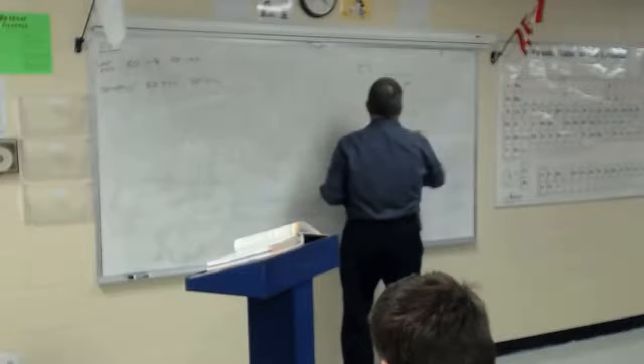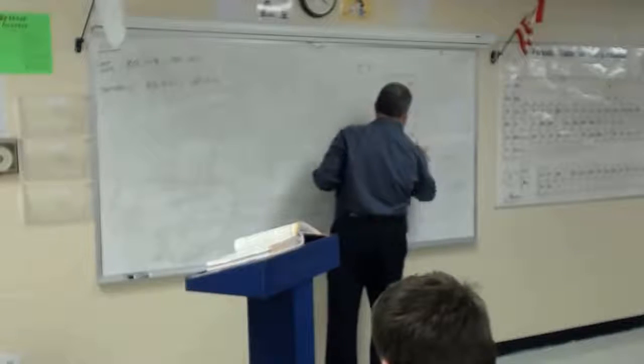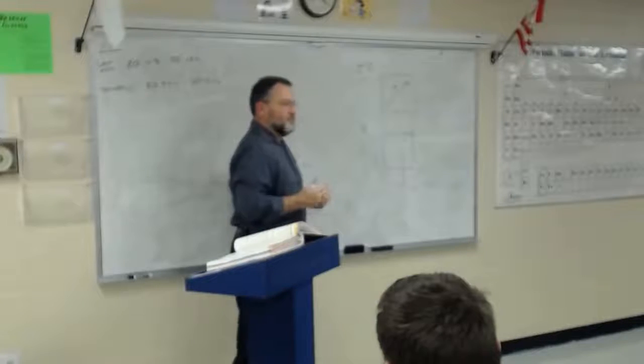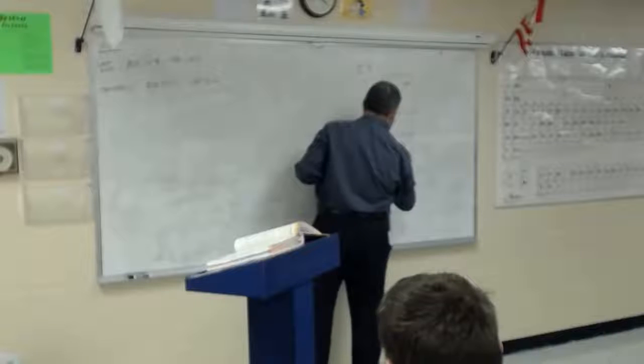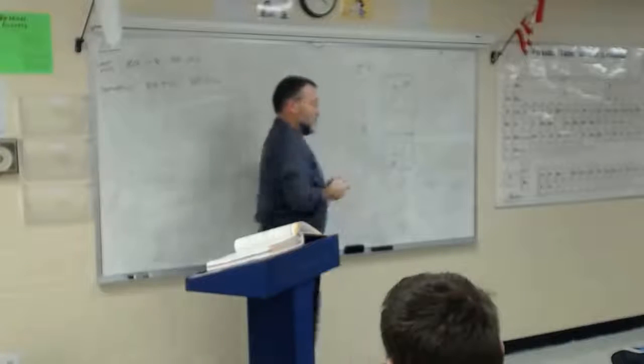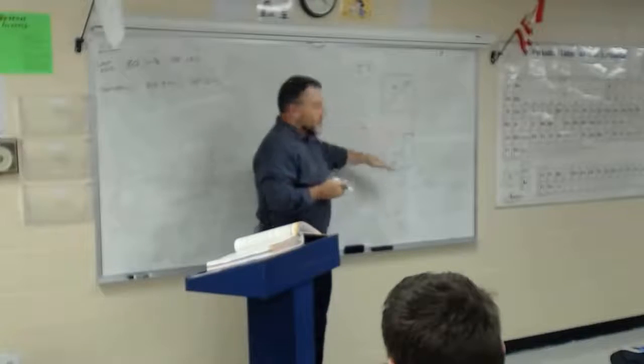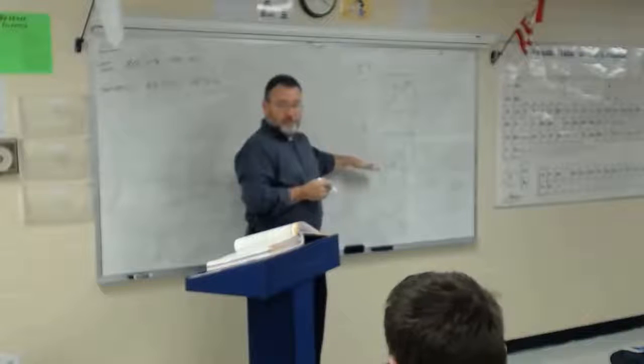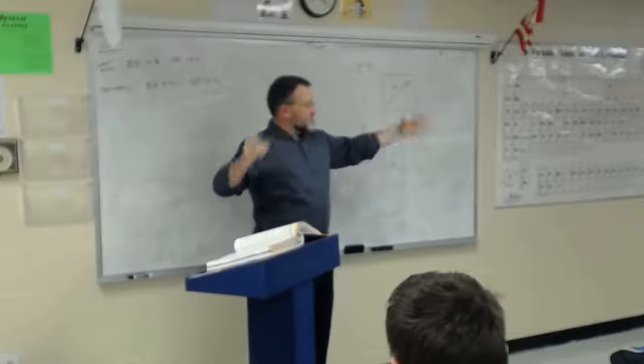The other thing we talked about was atomic radius. We said atomic radius is a little bit counterintuitive in that it actually goes this way as increasing. What does that mean? As we go from top to bottom in a column, it should make sense that the atomic radii are increasing because we're adding energy levels.